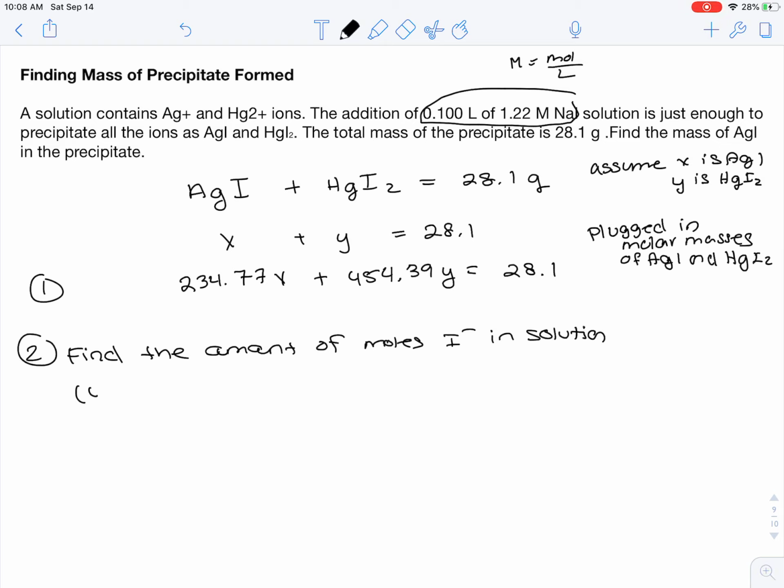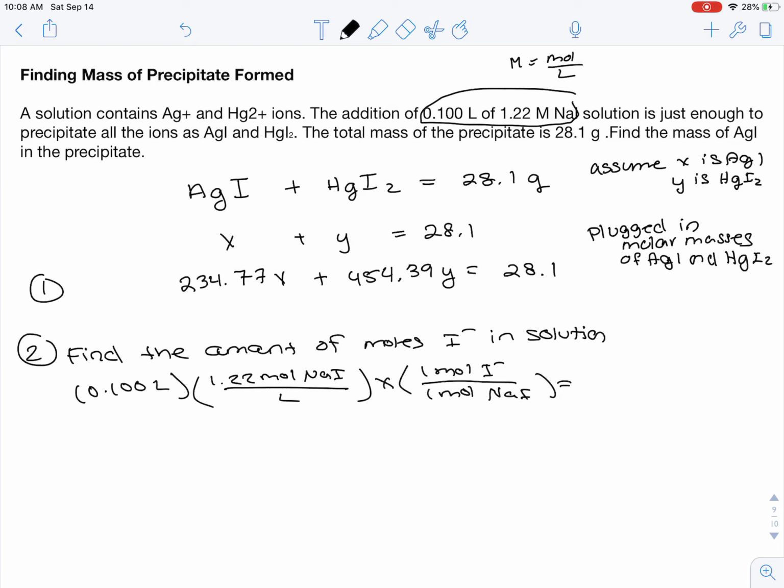So 0.1 liter times 1.22 moles over liter times 1 mole of the iodide ion in the total solution gives me 0.122 mole of iodide. So now I have the total. Then I can set up the same kind of equation and say that X plus Y is equal to 0.122 moles of iodide.